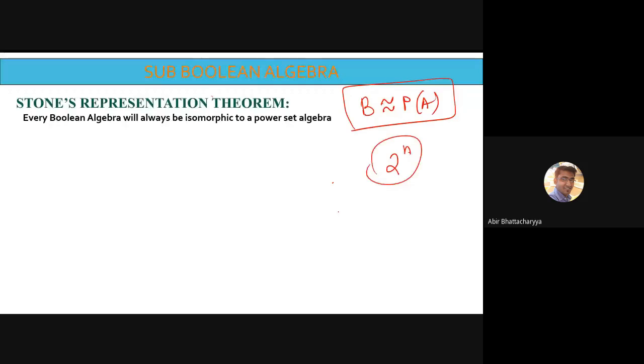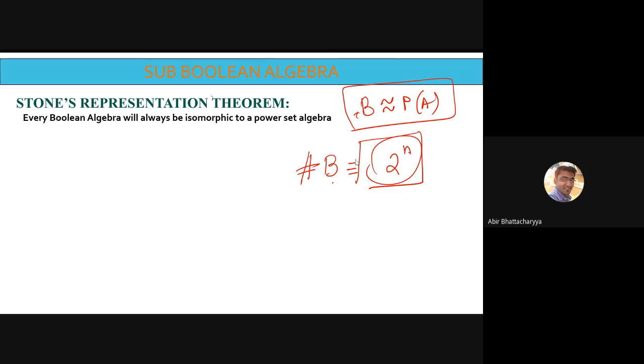If I have n elements in the set A, the power set of A has 2 power n elements. Since the Boolean algebra is always isomorphic to a power set algebra, the number of elements of any Boolean algebra is always represented by 2 power n only.